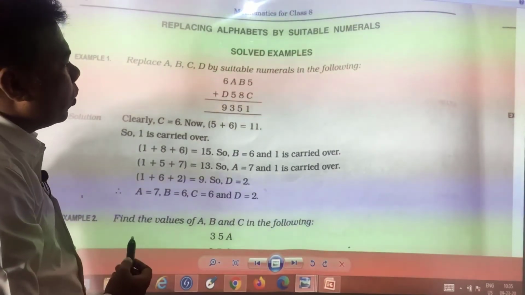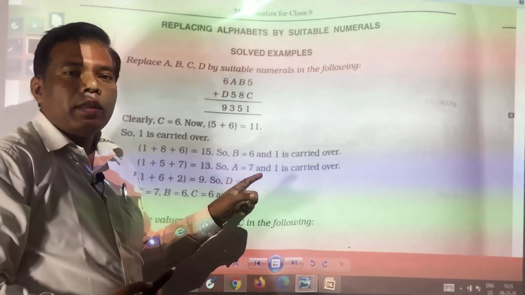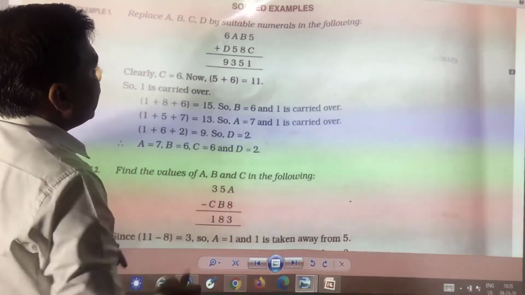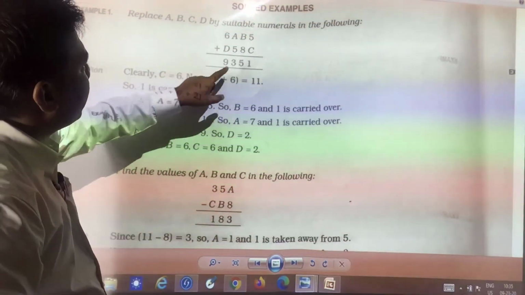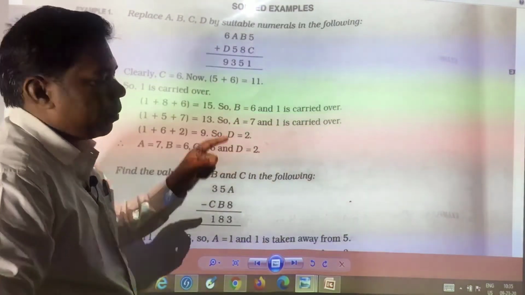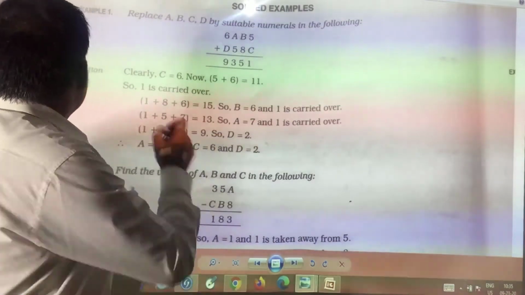So, how will we know what numerals will be put? This is so easy, I think you might have done it before also. Here you see how it has been done. Here 5 plus C is equal to 1, it has been given.